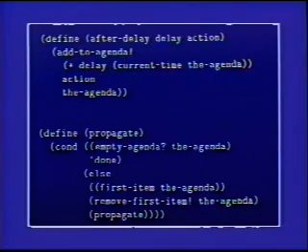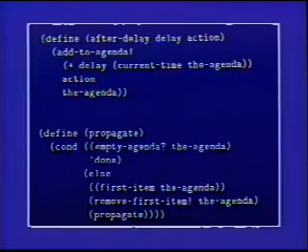I'm going to see that in a while. I don't want to get into that right now. But the agenda has a moment at which something happens. We're setting up for later, at some moment, which is the sum of the delay time plus the current time that the agenda thinks is now. We're going to set up to do this action and add that to the agenda.